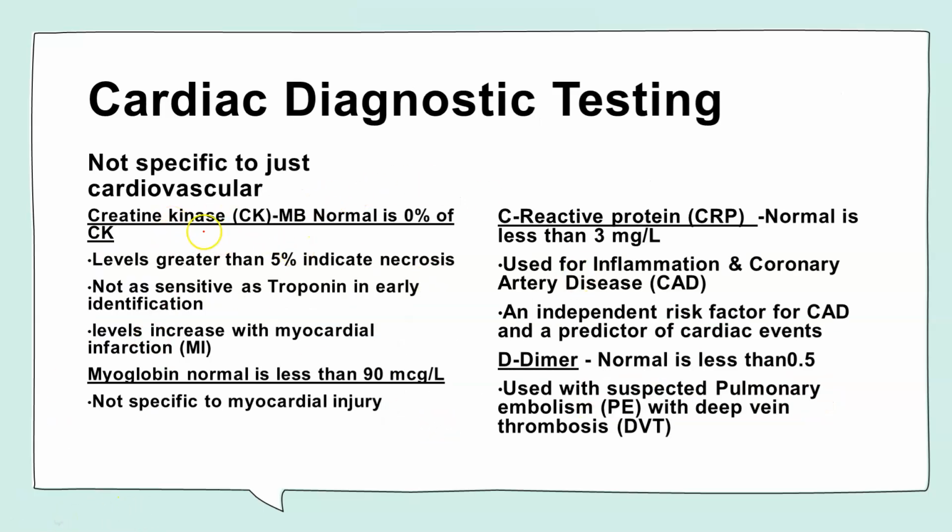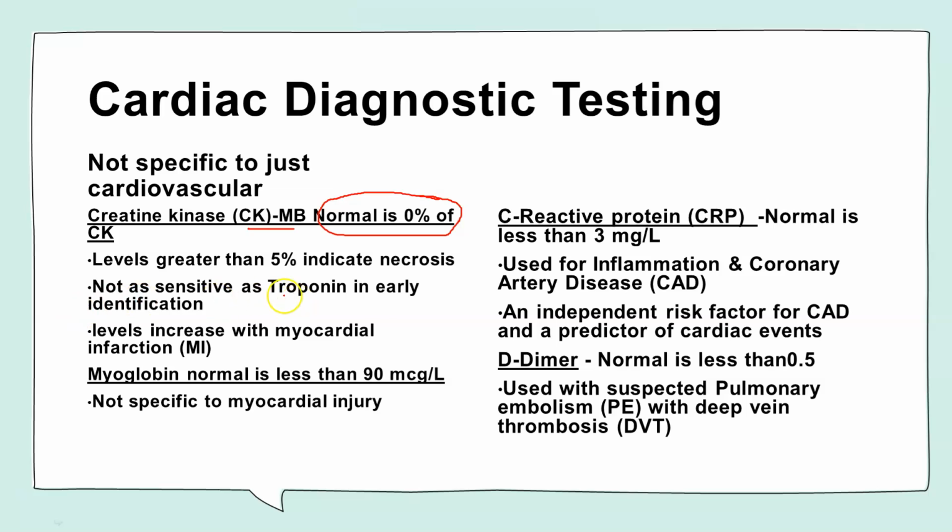CK, CK-MB, myoglobin, CRP, D-dimers, those are all nice-to-know things. We don't see a whole lot of them anymore because they're not specific. But with CK-MB, normal is still 0. We don't want to have that stress.